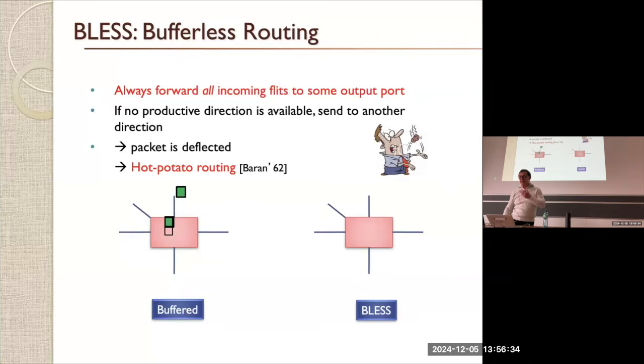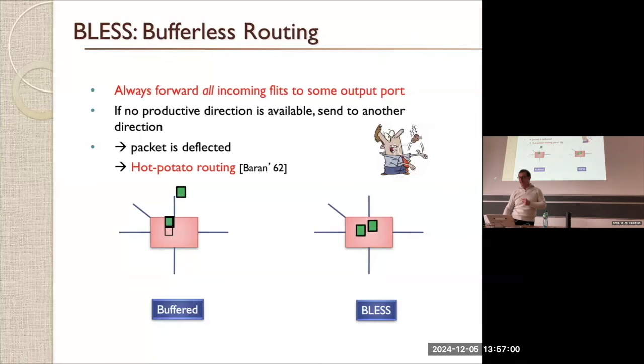Essentially, don't buffer one. In a buffered network, what happens if two packets come to the same router and need to take the same output port? One of them gets buffered, and you send it in the next cycle, hopefully. But bufferless routing says if there's no productive direction available for a given packet, send it somewhere it doesn't want to go.